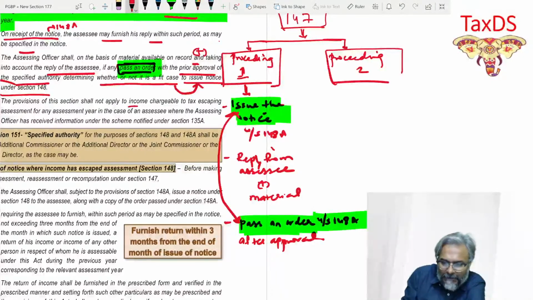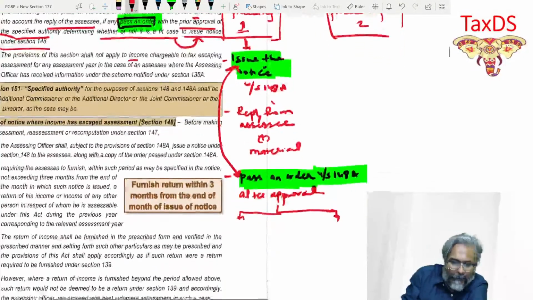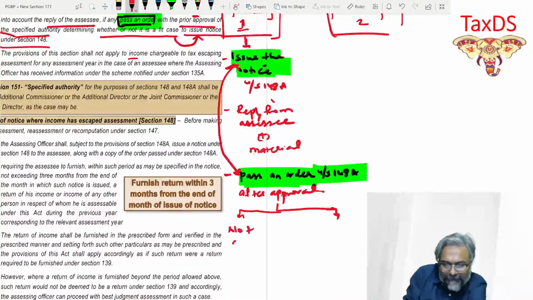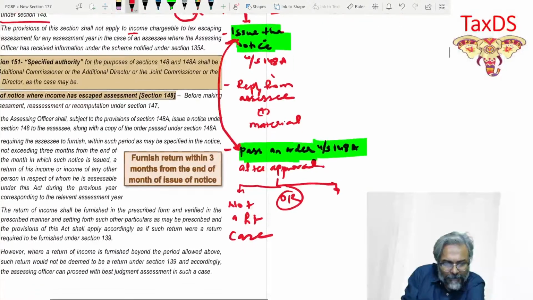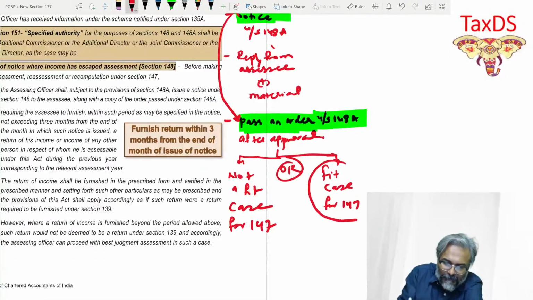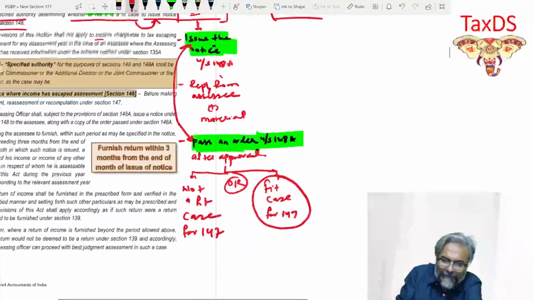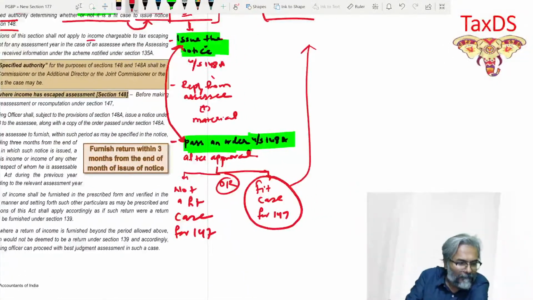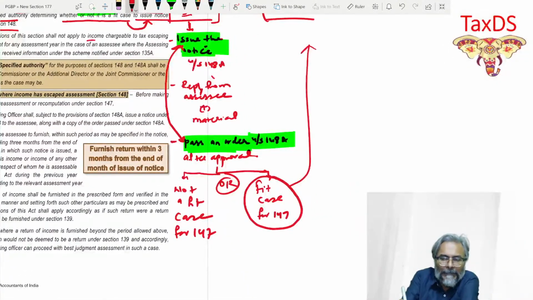Now, students, what happens in this case? Two things can happen in the order. Not a fit case, or it is a fit case. Not a fit case for 147, and second one is fit case for 147. If it is a fit case for 147, then you will enter into our second proceedings. Now what happens over here?